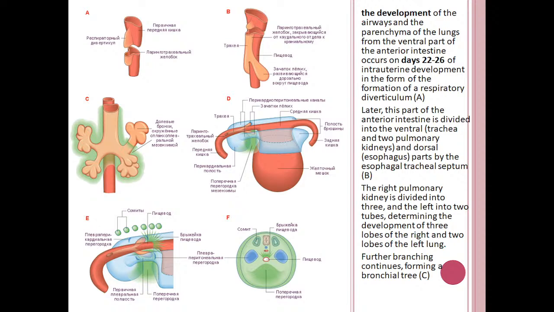The airways and the parenchyma of the lungs develop from the ventral part of the anterior intestine on days 22-26 of the pregnancy.